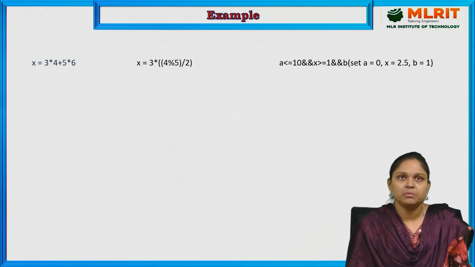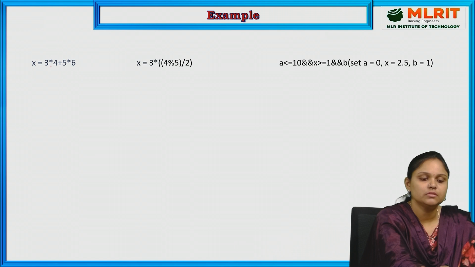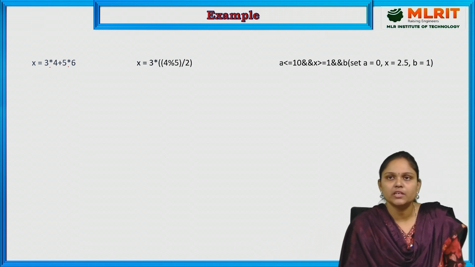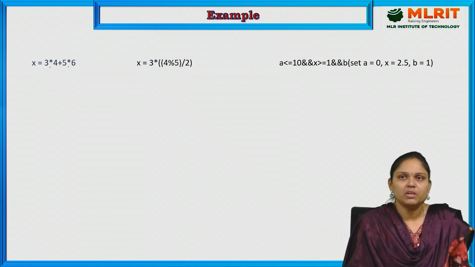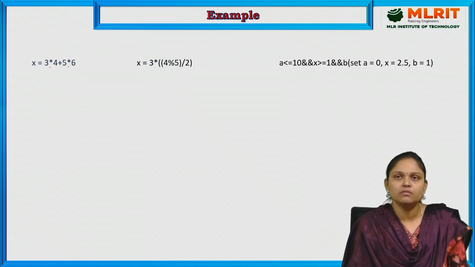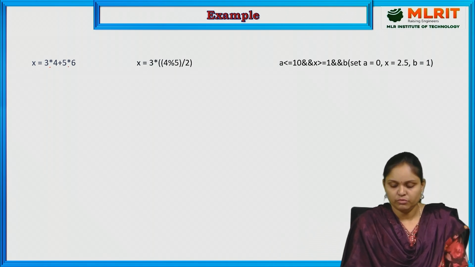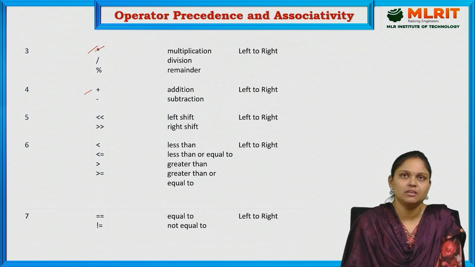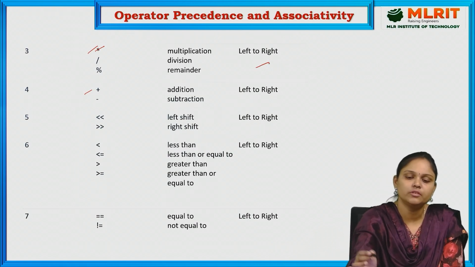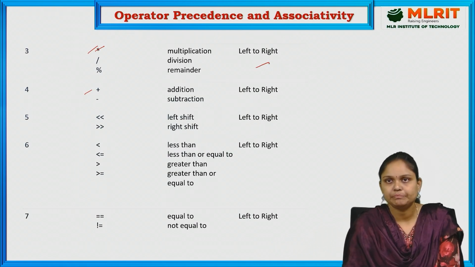So the highest priority in this expression is multiplication, and we find 2 multiplication operators. So in which order do we need to solve those operators? Coming to the associativity property, in the previous chart we can see the associativity is left to right.